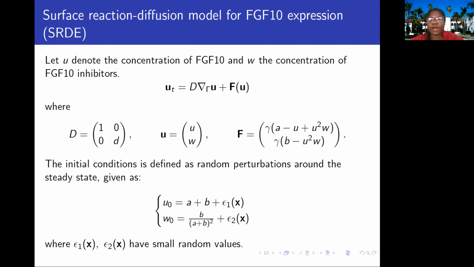The reason we didn't include advection is because we are building an initial model. We weren't even sure if this model would be able to describe the dynamics that we are seeing. So we always start simple, and then we build up the model.